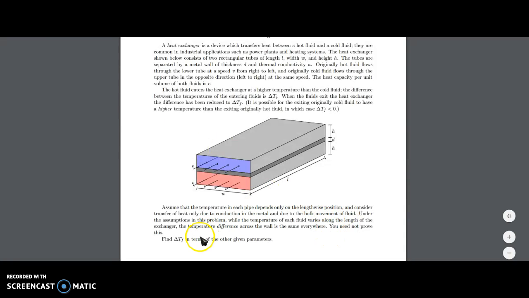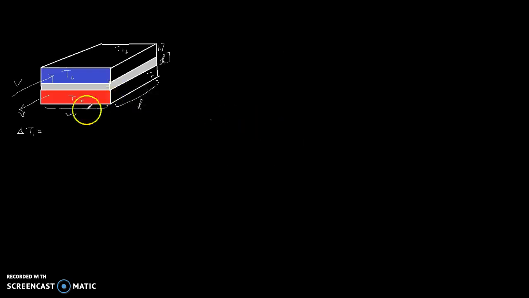In this problem, we need to find the final temperature difference, which is the difference between the temperatures of the exiting fluids. Since we don't know the actual temperatures of the entering and exiting fluids, I would label them with variables, TB final and TB initial.